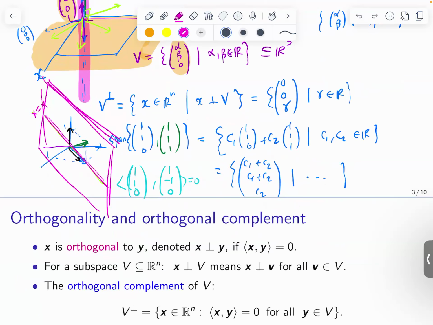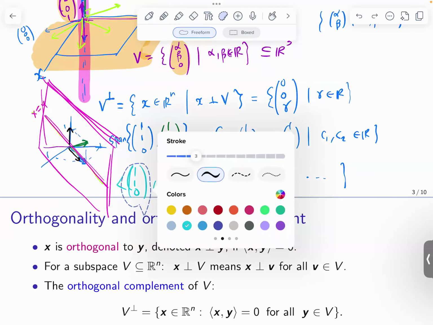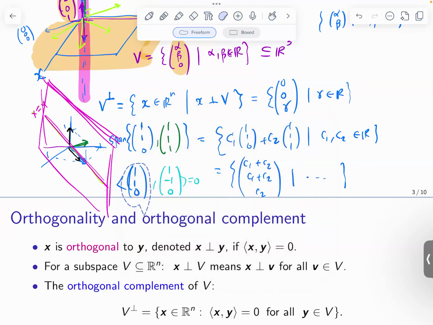Maybe I should color it differently. That vector in this color would be (1, -1, 0). So this is negative 1. It's a little bit hard to plot, but it would be this vector. So this is orthogonal to (1, 1, 0), and it's also orthogonal to (1, 1, 1).